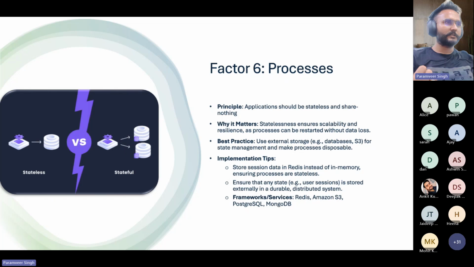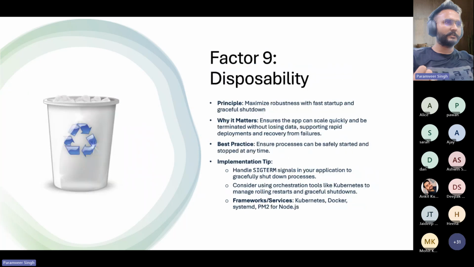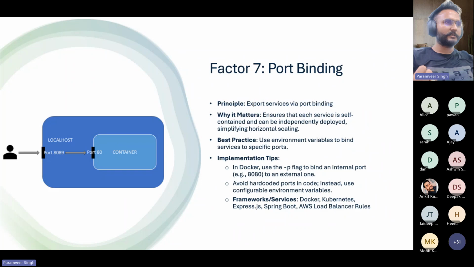You can use external storage, for example databases, your S3 storage, you can use Redis to manage all the states, and all the states should be managed outside your application. It should never be maintained within the application. The process being killed again, you will come to realize, is mainly mentioned in this factor, but I'll come to that later.